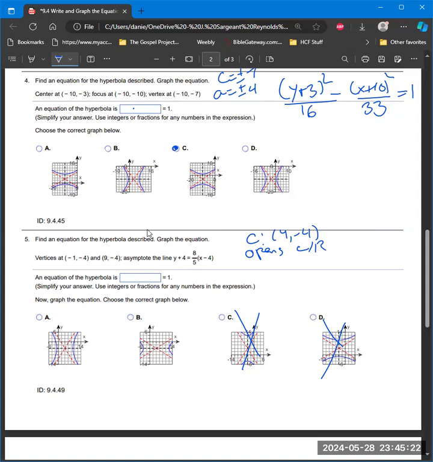So that looks like this one. Yep. And let's see, our equation here opens left and right, so that is x minus 4 squared over something minus y plus 4 squared over something equals 1.